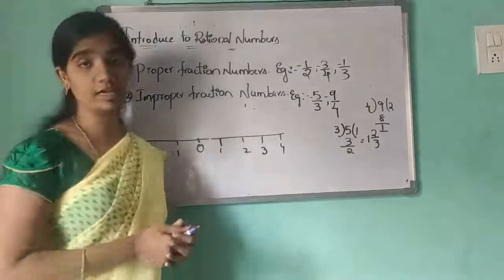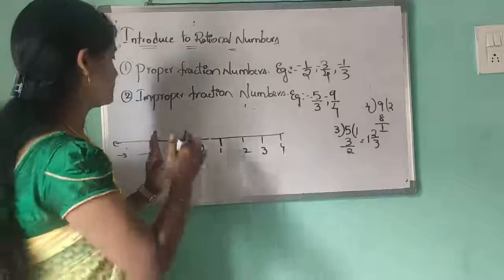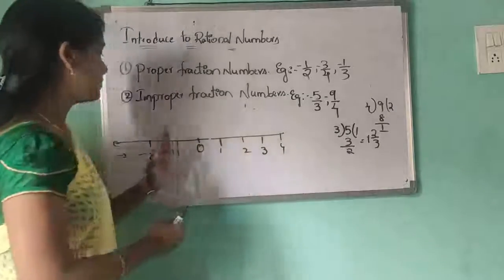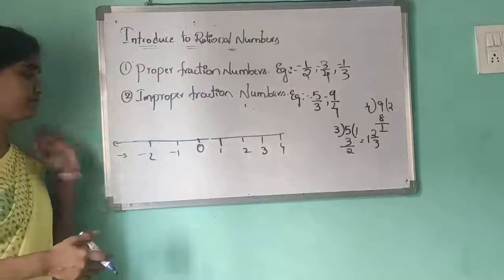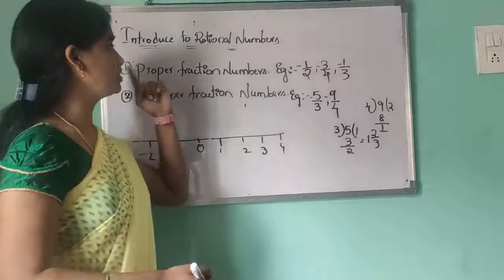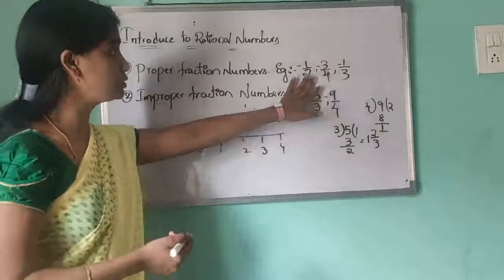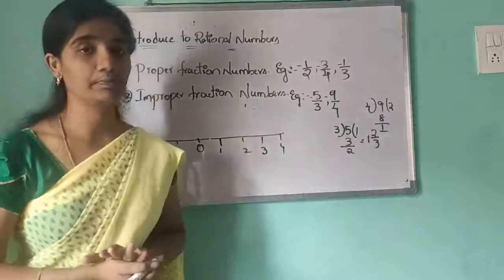In this number line also, positive numbers are represented on the right side and negative numbers on the left side. So how do we represent negative proper fractions on the number line?